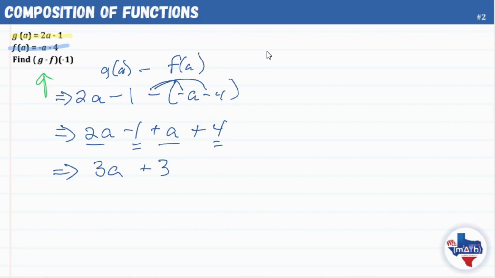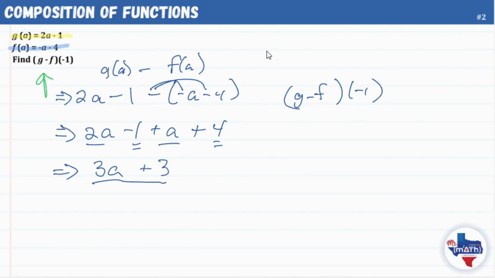Now we actually want to calculate or evaluate this expression using the value negative 1. Okay, so we'll do that now. So we'll take g minus f of negative 1.